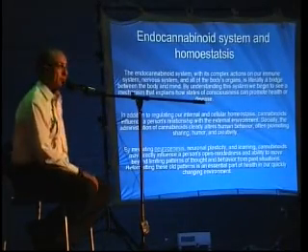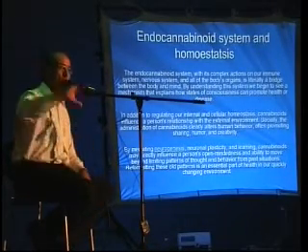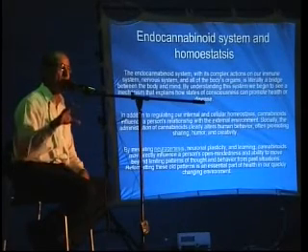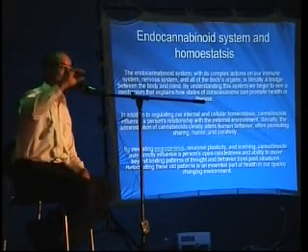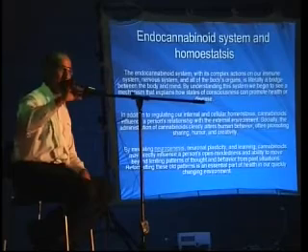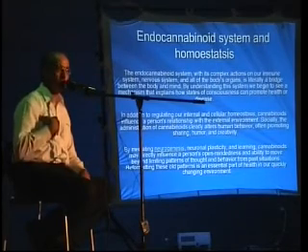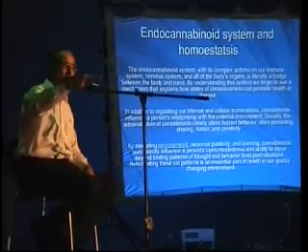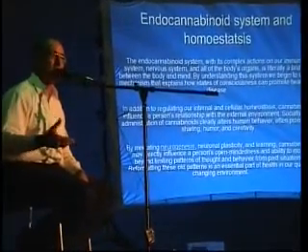What's the purpose of the endocannabinoid system? Broadly speaking, its role is homeostasis. Homeostasis means keeping things in balance. We have our temperature well controlled. We're not 40 degrees, we're not 33 degrees, we're 37 degrees. We have our blood pressure controlled.